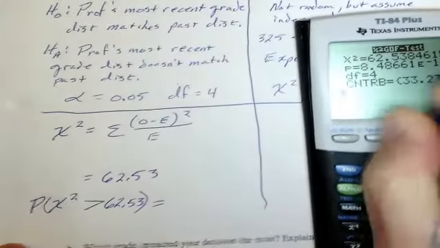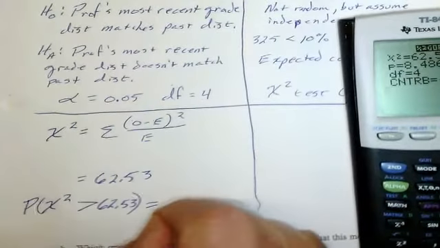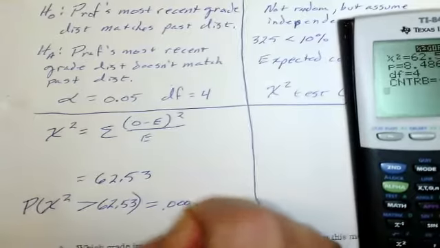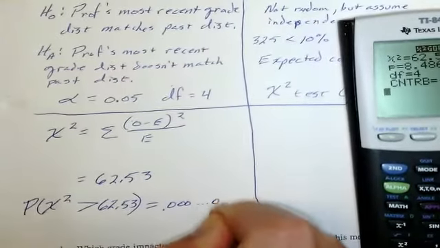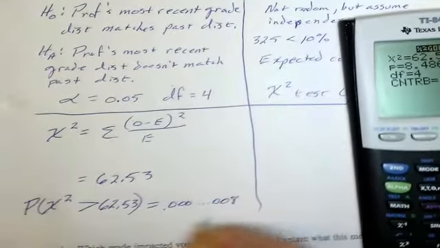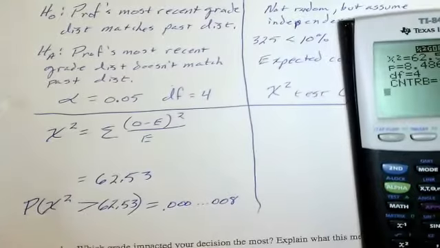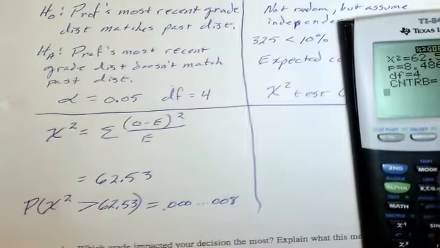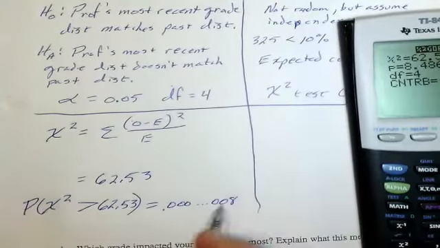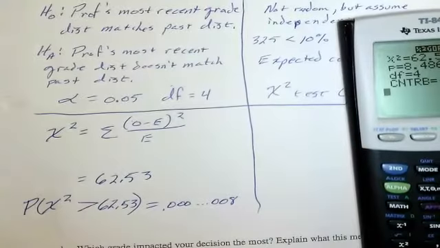And that p-value is 0.000 and so on, 008, or about 0. That's 12 zeros between the decimal and the 8, and I just wrote it this way.